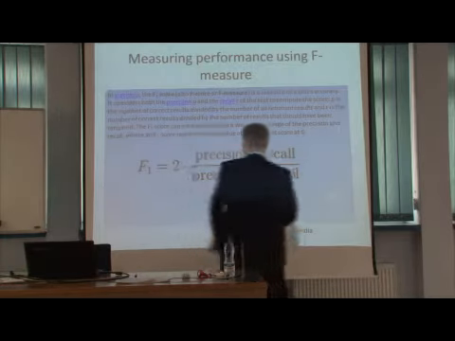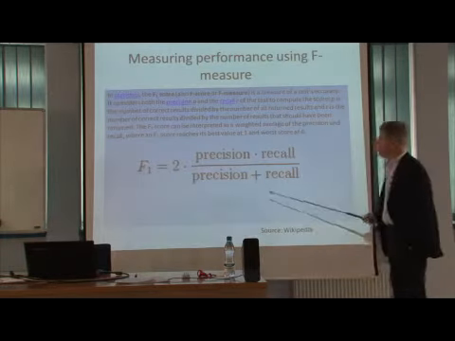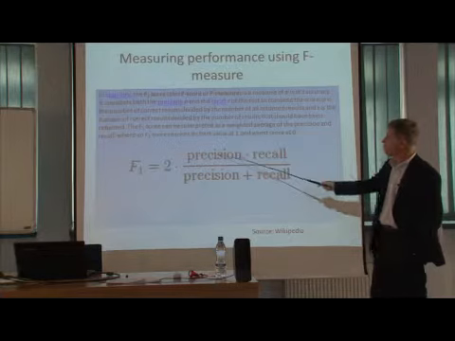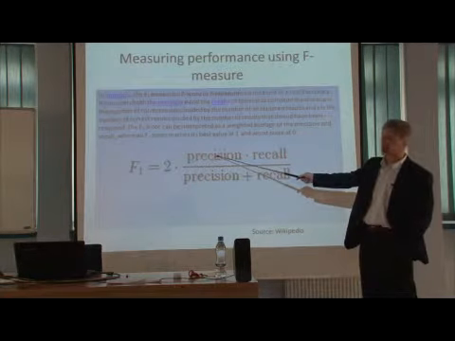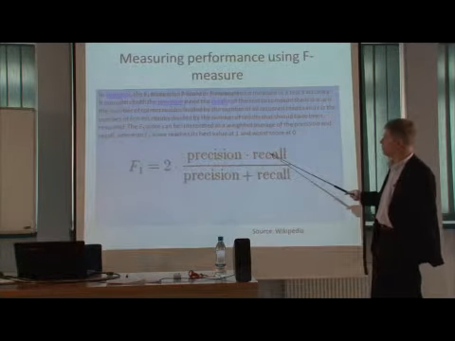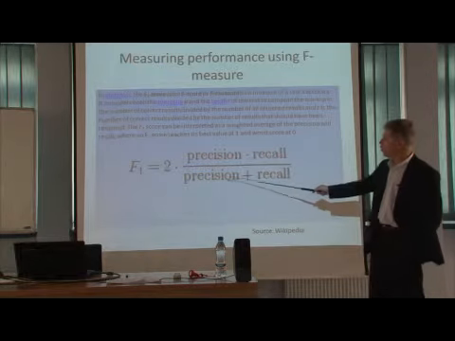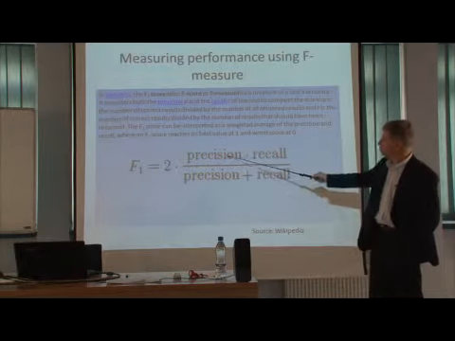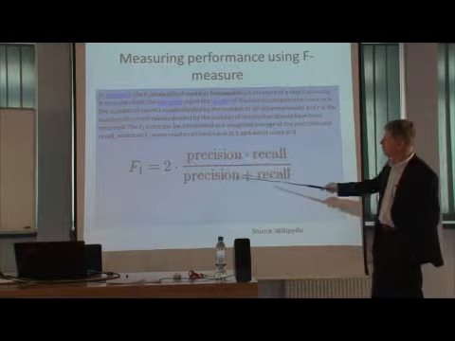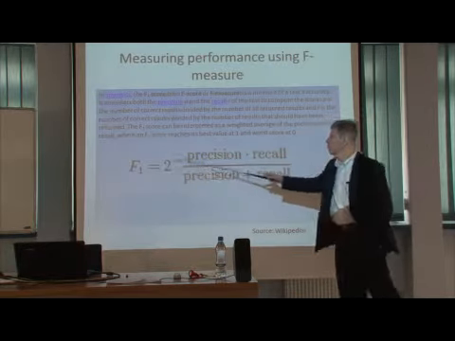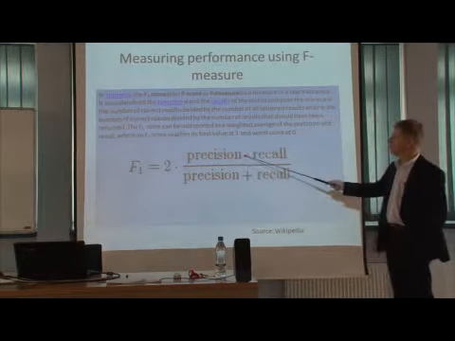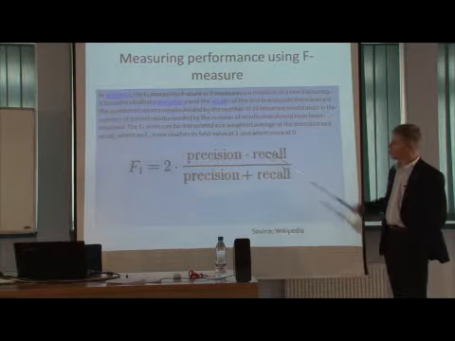So let's see how it works. In the perfect world, we would have precision 1 and recall 1. So 1 times 1 over 1 plus 1 gives us 1 divided by 2, multiplied by 2 gives us 1. So the perfect precision and recall gives an F measure of 1.